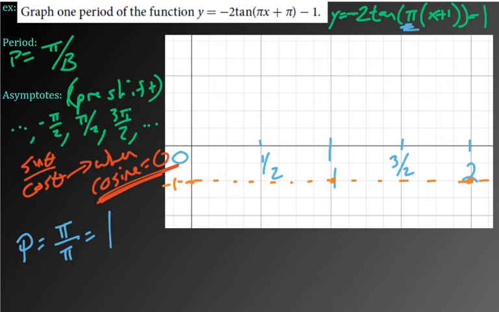But we're shifting everything to the left one. So +1 in here means we shift to the left one. So this point moves here, this point moves here. But if you see what's happening, it's shifting by the period, so it's actually not going to change it. This +1 is just superfluous. It doesn't matter at all. Then you just need to remember where the asymptotes are. So the asymptotes for tangent sort of bound.